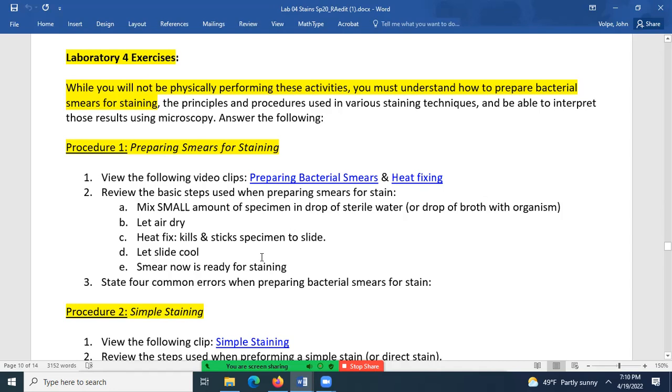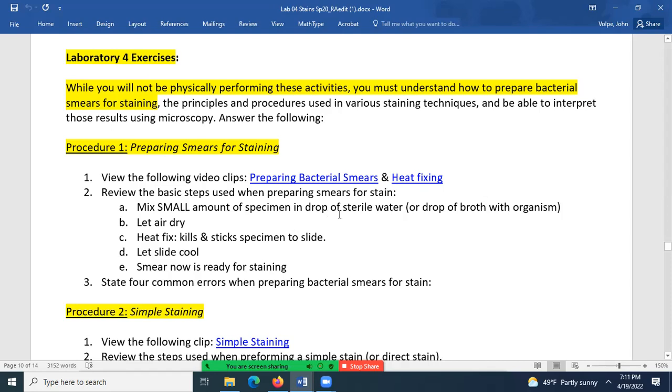Let me state that the number one problem that students make when they actually make a bacterial smear themselves is they add too many cells. So you only mix a small amount of specimen in a single drop of water.